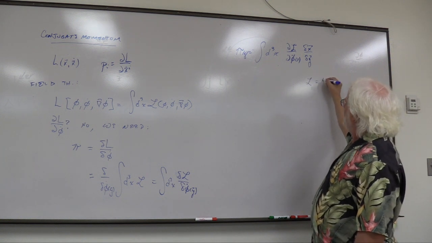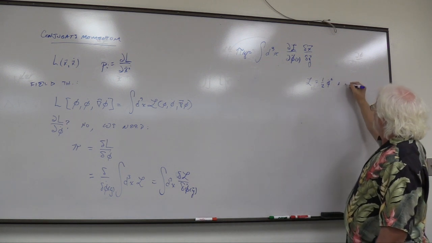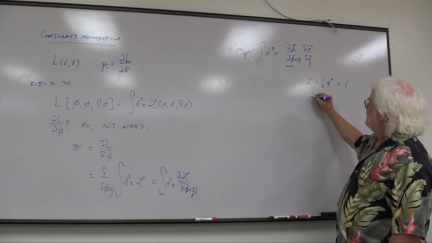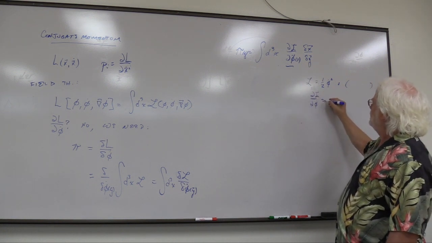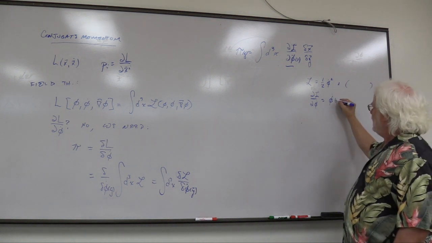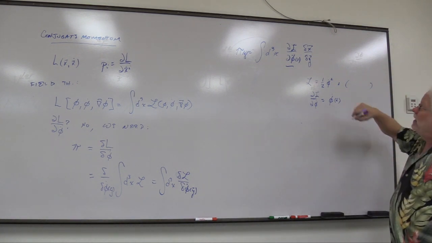So, for example, if L is a half phi dot squared plus stuff depending on x, then this term is easy. That's just the partial with respect to phi dot; I'm going to get 2, so I'm just going to get phi dot of x. So that's fine.